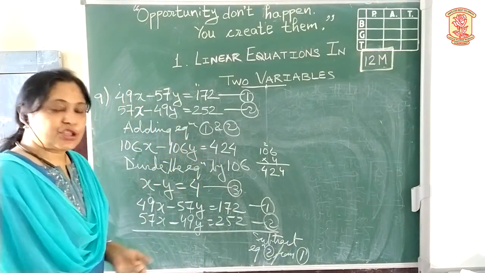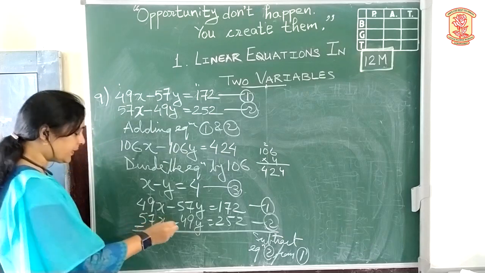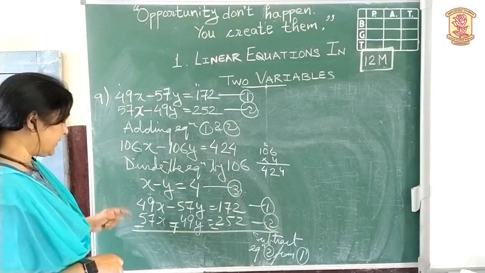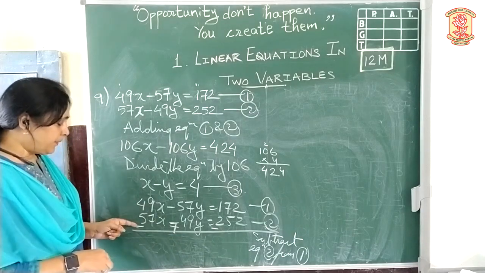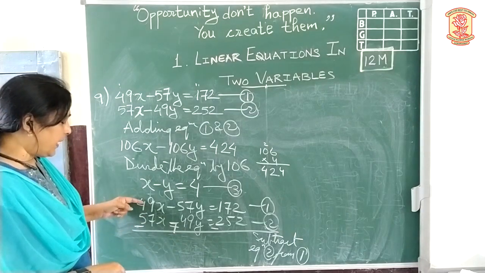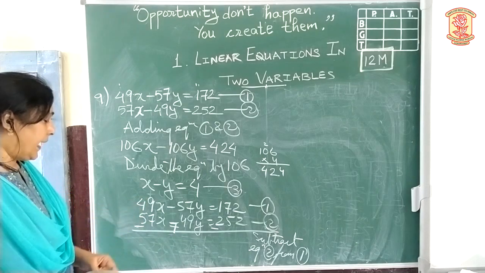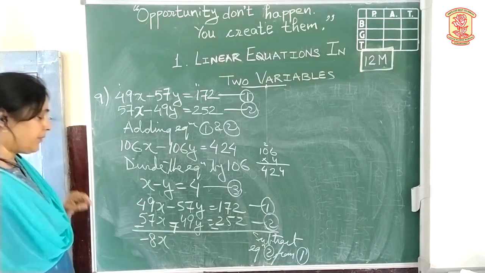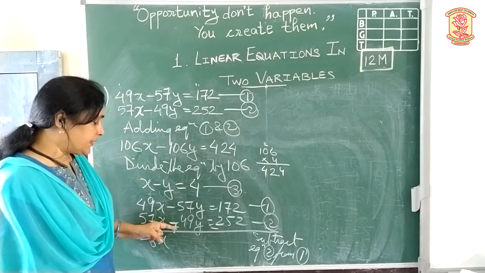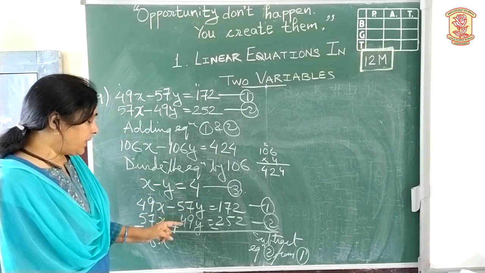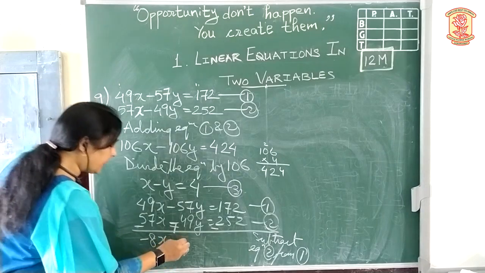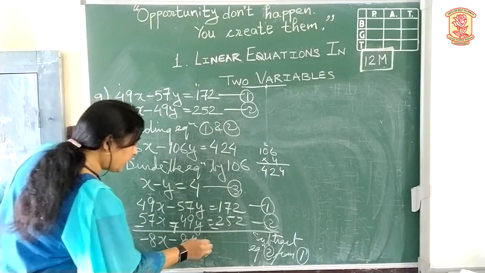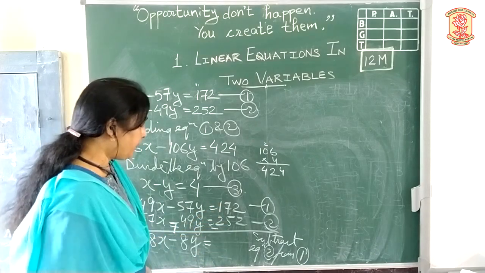Subtraction again means change of sign. Plus becomes minus, minus becomes plus, and again plus becomes minus. Now 57 minus 49 is 8. So we get 8x, and the bigger number's sign is minus. Again minus plus is minus. 57 minus 49 is 8, and the bigger number's sign is minus. So it is minus 8y equals plus minus minus.